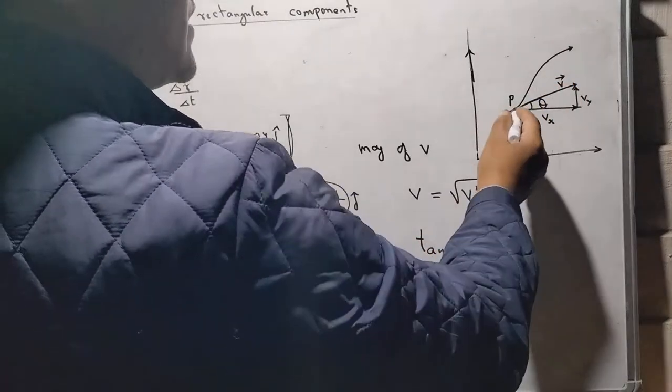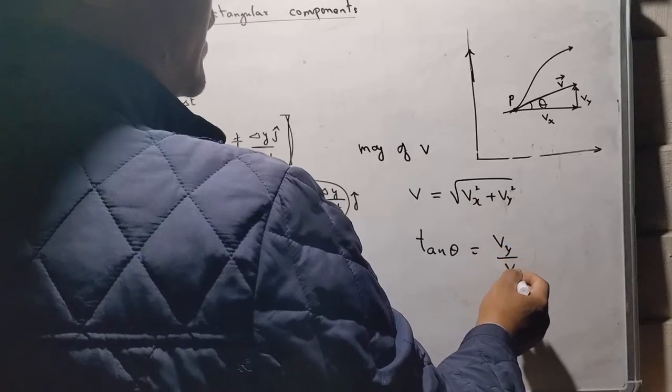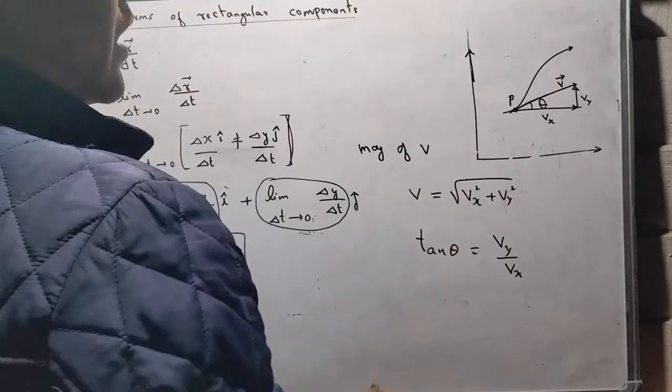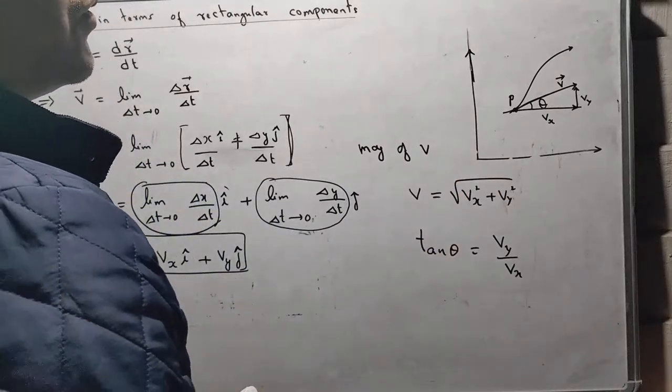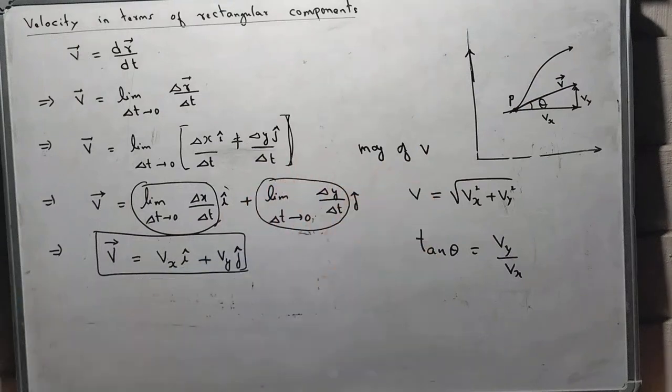So tan theta in this triangle is equal to vy upon vx. By knowing the velocity components, you will know theta, and by knowing theta, you know the direction of the instantaneous velocity at any given point of the path along which the particle is moving.